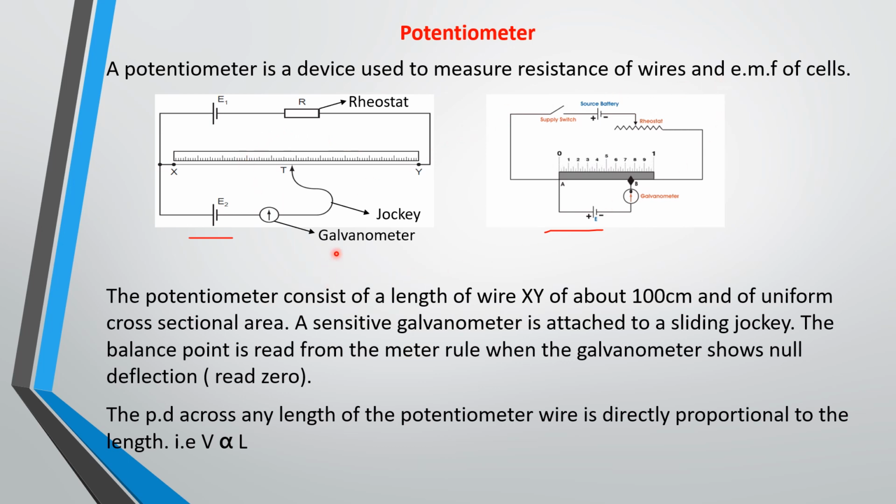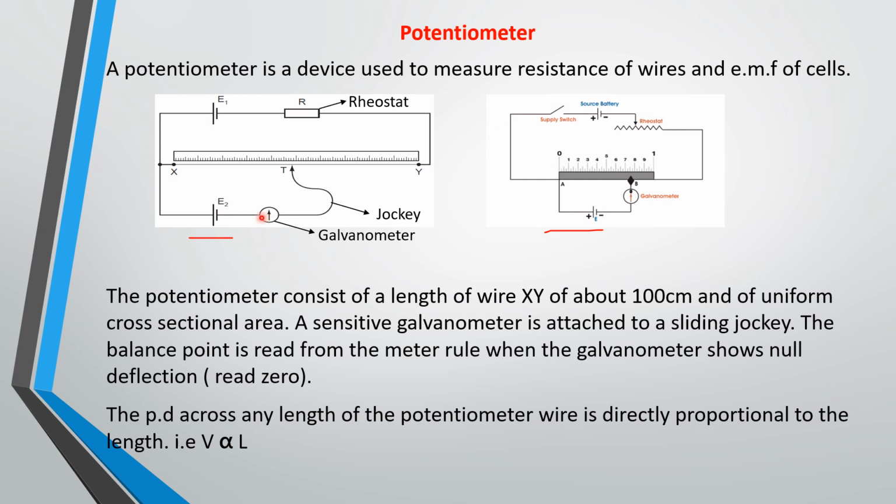And what are the components? It consists of a wire of about 100 centimeters, which is equal to 1 meter, of uniform cross-sectional area. Then you have a sensitive galvanometer that is connected to the cell and also connected to a jockey. The jockey is like a moving key that you use to touch the wire, and as you touch the wire, you look at the deflection on the galvanometer.